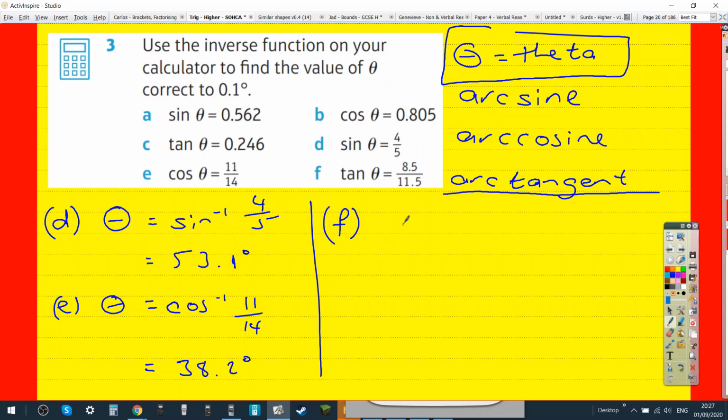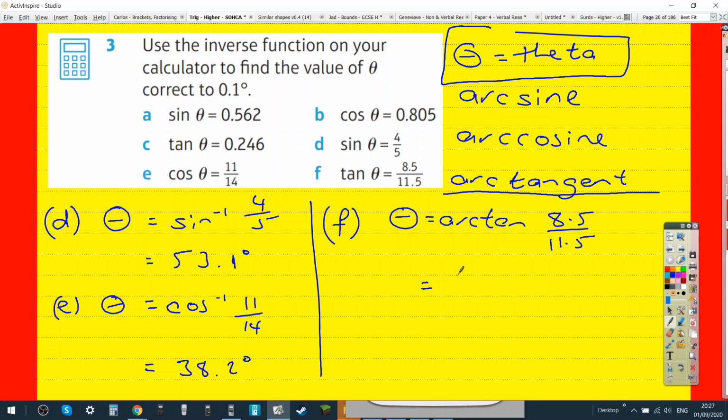And weird one, F. Okay, for F you need to do arctangent. And so it'll be theta equals arctangent 8.5 over 11.5.